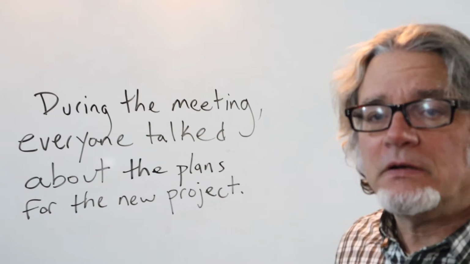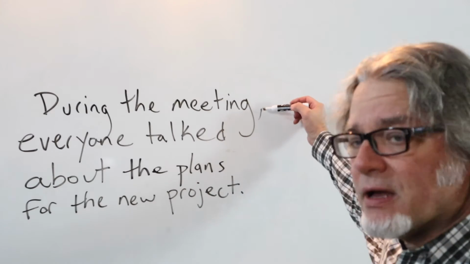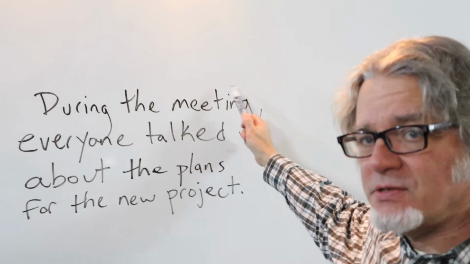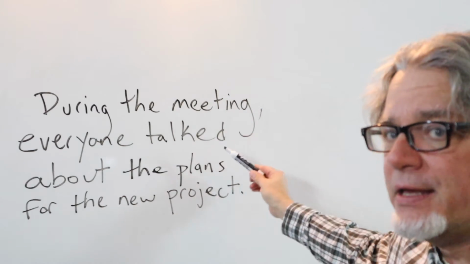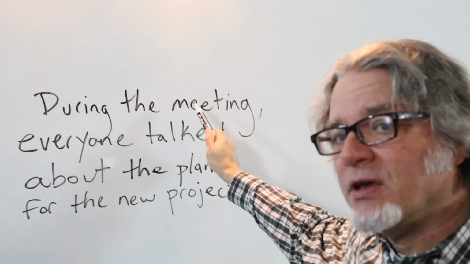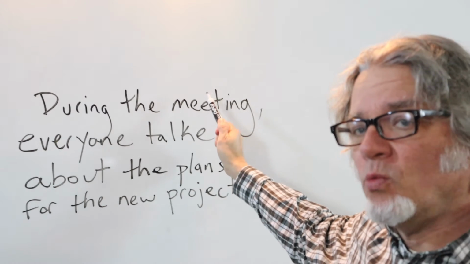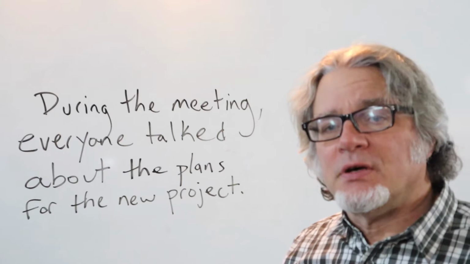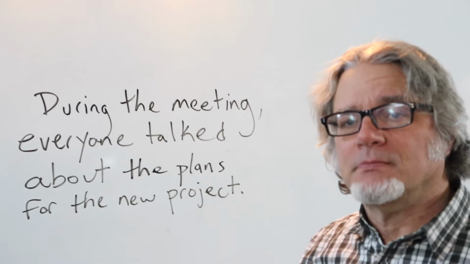It's also fairly common to put a comma at the end of a prepositional phrase that begins a sentence if that prepositional phrase has 3 or more words in it. But this is not a rule, it's just a fairly common practice.